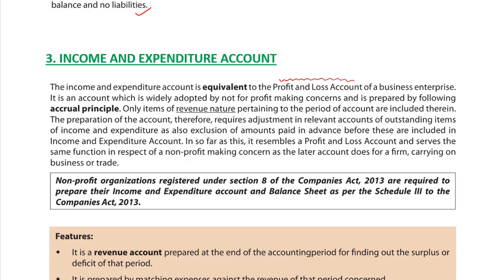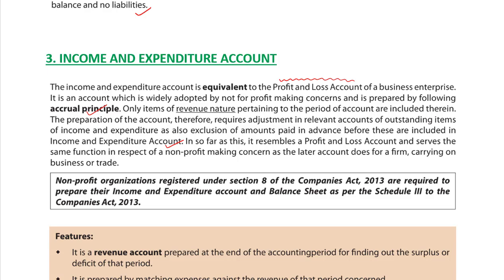It is an account which is widely adopted by not for profit making concerns and is prepared following the accrual principle. Only items of revenue nature pertaining to the period of account are included therein. The preparation of the account, therefore, requires adjustment in relevant accounts of outstanding items of income and expenditure, as also exclusion of amounts paid in advance before these are included in the income and expenditure account.